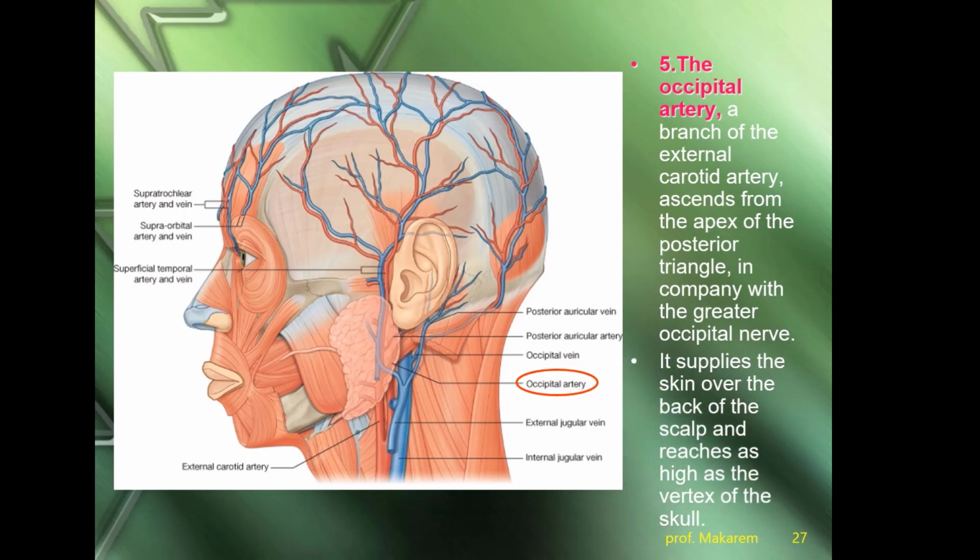It is a branch of the external carotid artery. I made a circle around it. See here clearly in the figure. It ascends from the apex of the posterior triangle in company with the greater occipital nerve. It supplies the skin over the back of the scalp and reaches as high as the vertex of the skull. This is the occipital artery.